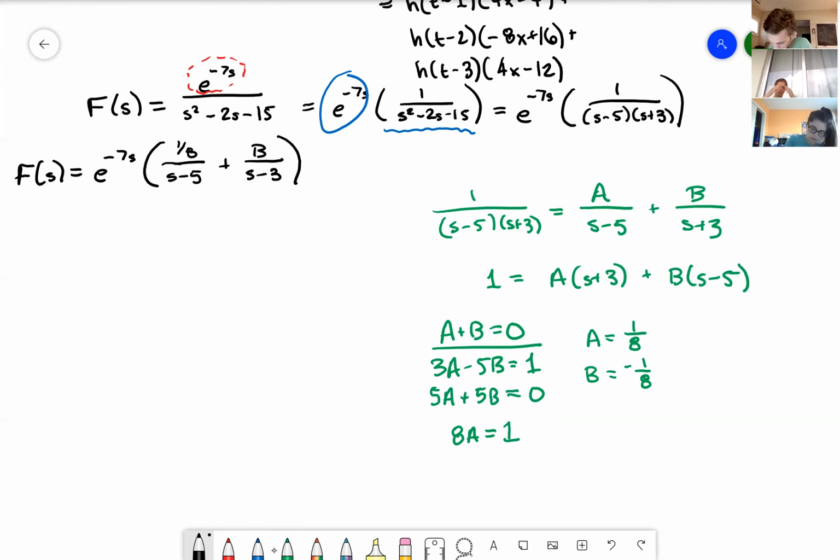So in order to figure out the inverse Laplace transform of this thing, well, let's give these things names. Let's call this thing G and this thing H.